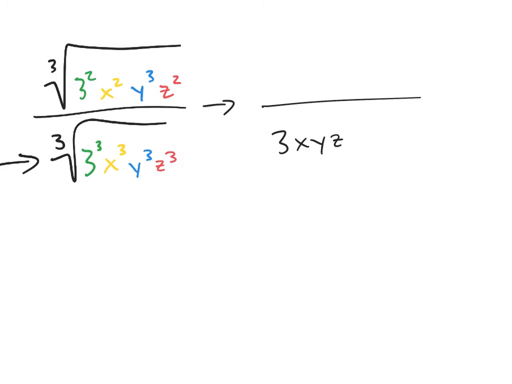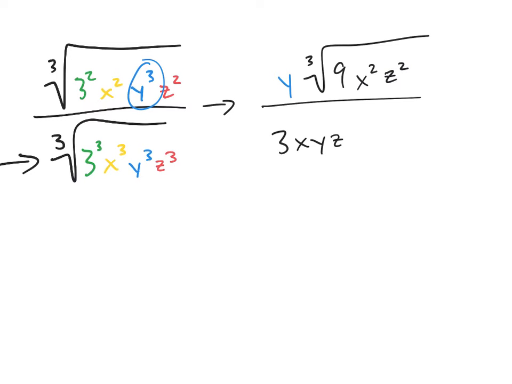On the top, only the things that have exponents that are 3's can come out of the radical. So I just have a y on the top, on the outside of the radical. And then on the inside of the radical, I just copy whatever else I have. So I'm going to rewrite 3 squared as 9, x squared, z squared.